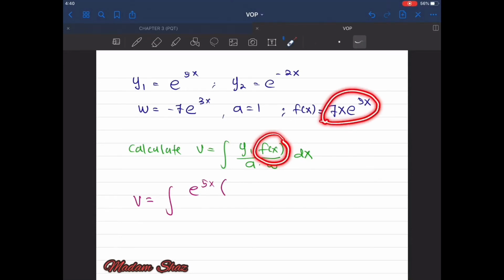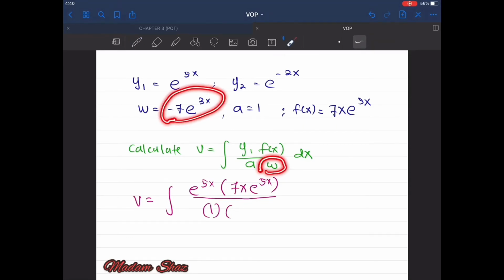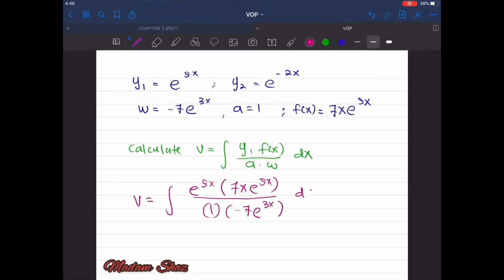So substitute 7x exponent 5x, divided by a, which is equal to 1. Multiply, substitute your w, which is negative 7 exponent 3x, dx.